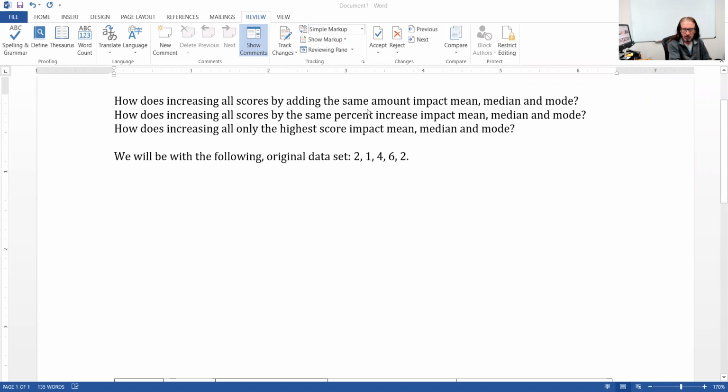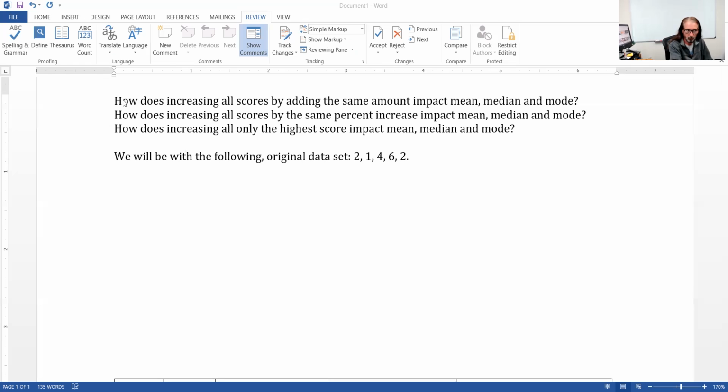What about if we add the same amount to all the scores? What about if we give all the same percent increase? Or what if we only increase the highest score? So we're going to look at a very small set of data with 5 scores and find the mean, median, and the mode as well.